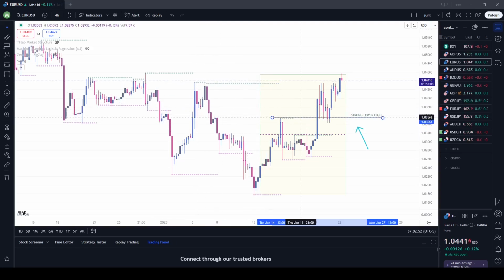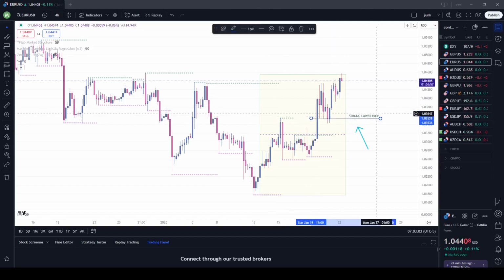But here will be the low that broke the high. So now this is the strong higher low.